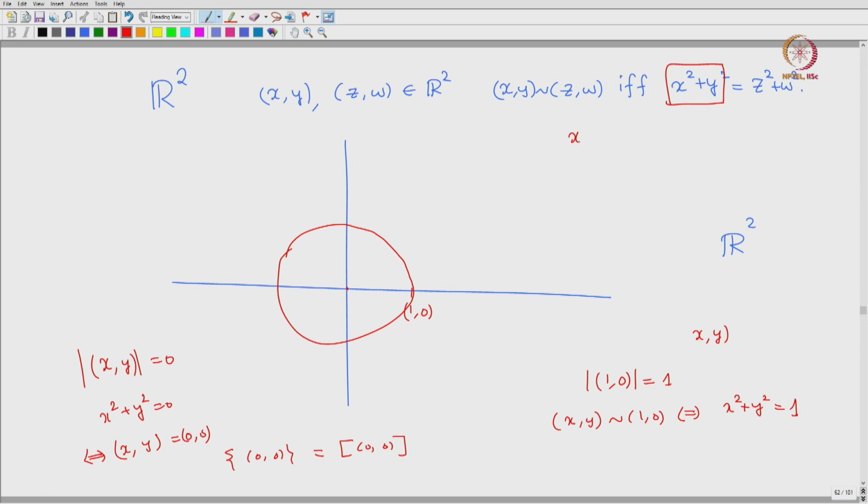Okay. Let us fix x₀ and y₀ and look at its equivalence class. It will be the collection of all elements (x, y) in R2 such that x² + y² is exactly R², where R² is x₀² + y₀², so R is the square root of this.